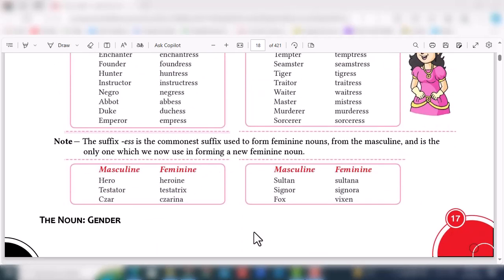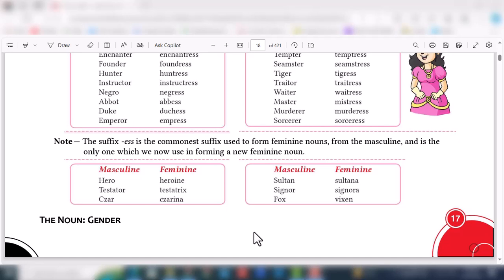The suffix ESS is the most common suffix used to form feminine nouns. And what is a suffix? A suffix means something added at the end of the word to change the meaning of that word, from singular to plural, maybe from verb to noun, maybe from verb to adjective.